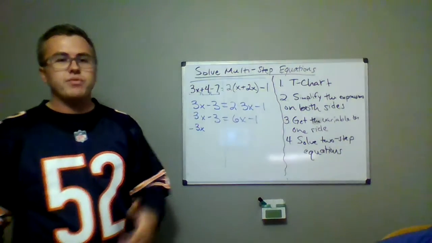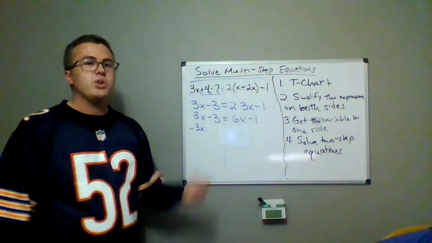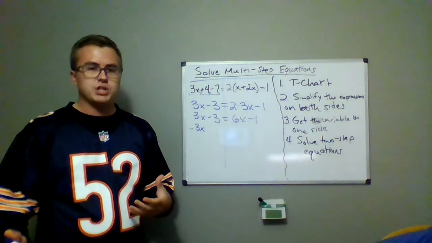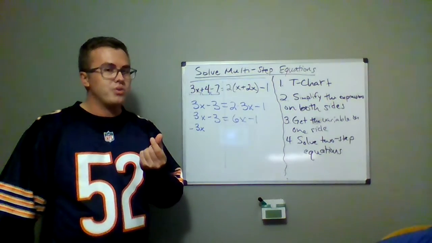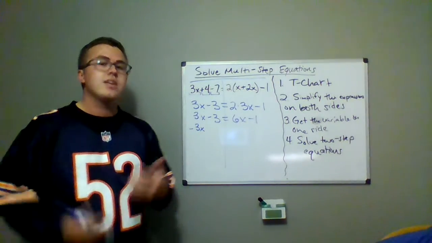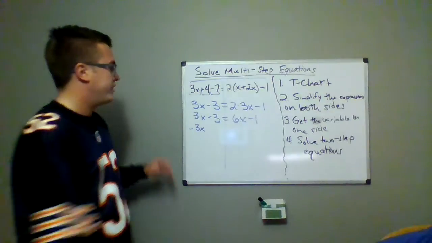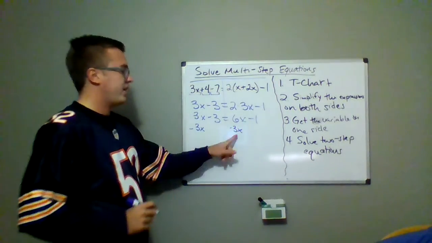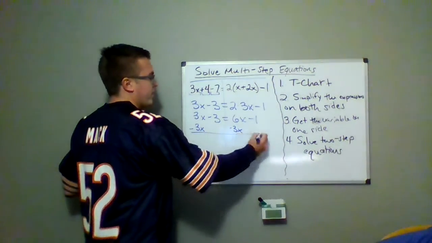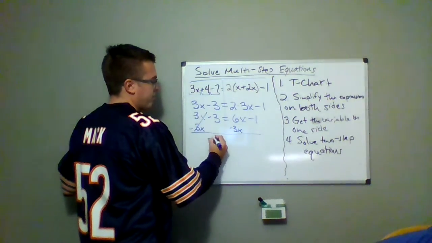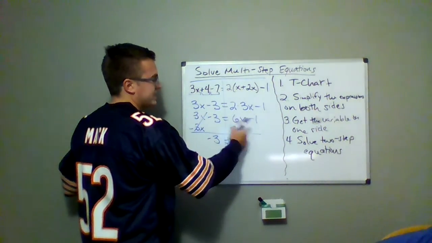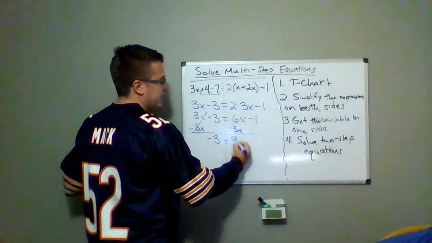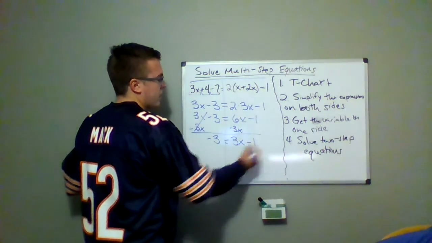When you're getting rid of the whole term, you have to get rid of it by addition and subtraction. When you're getting rid of just the coefficient in front of the x, then you get rid of it through division. So I'm going to subtract 3x here. So whatever I do on the left, I have to do on the right. These are going to cancel out and leave me with negative 3 equals 6x minus 3x is 3x minus 1.